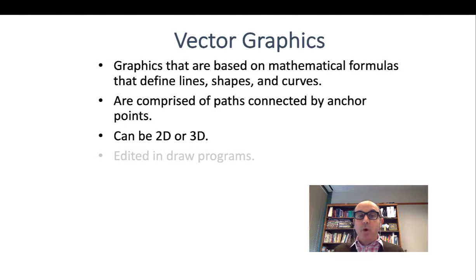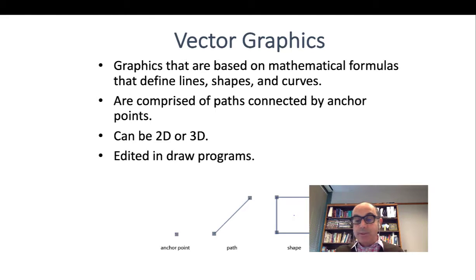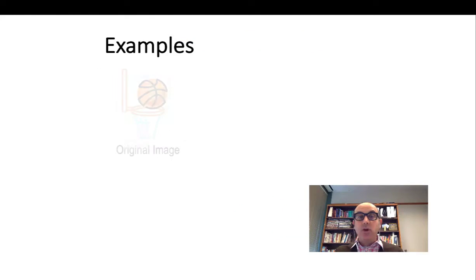It is composed of graphics based on mathematical formulas that can be defined by lines, shapes, and curves, and allows us to create 2D or 3D, and to edit in programs in order to apply changes to it.